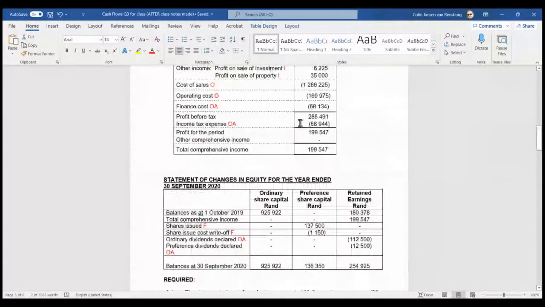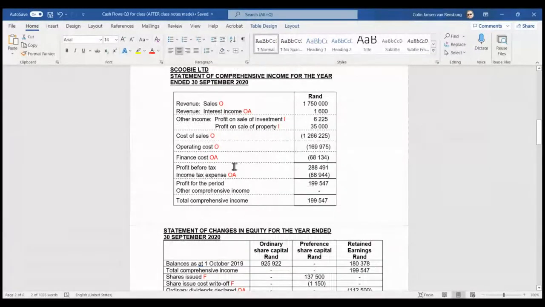So we speculated earlier that your depreciation would probably have been allocated to your operating cost. There could be other kinds of cost functions, as you know, administrative cost and distribution cost. They've only got 3 kinds of cost here, those 3, right? So it would probably have been allocated to your operating costs.